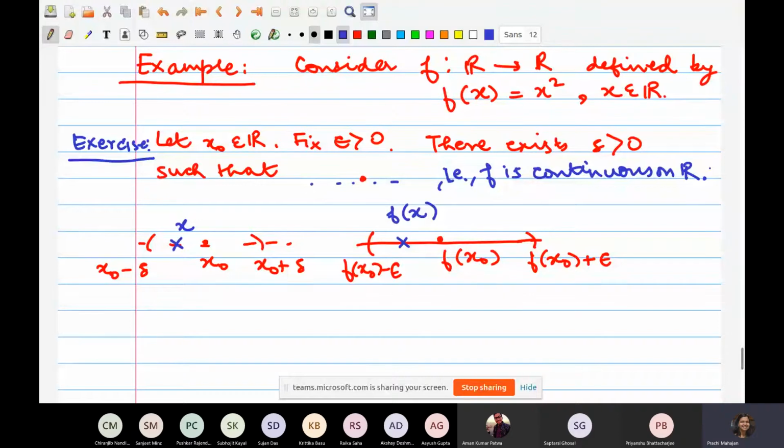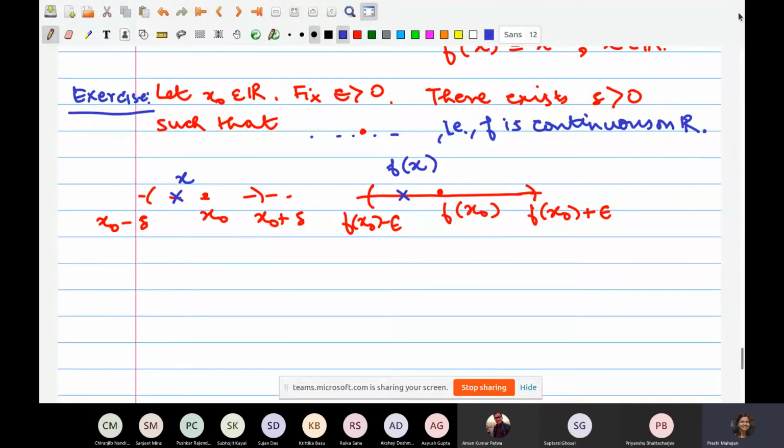Now, let's look at the following thing. What is it that I am interested in discussing here? If this is true for every epsilon positive, in particular, this holds for epsilon equal to 2. So for epsilon equal to 2, can somebody help me out?